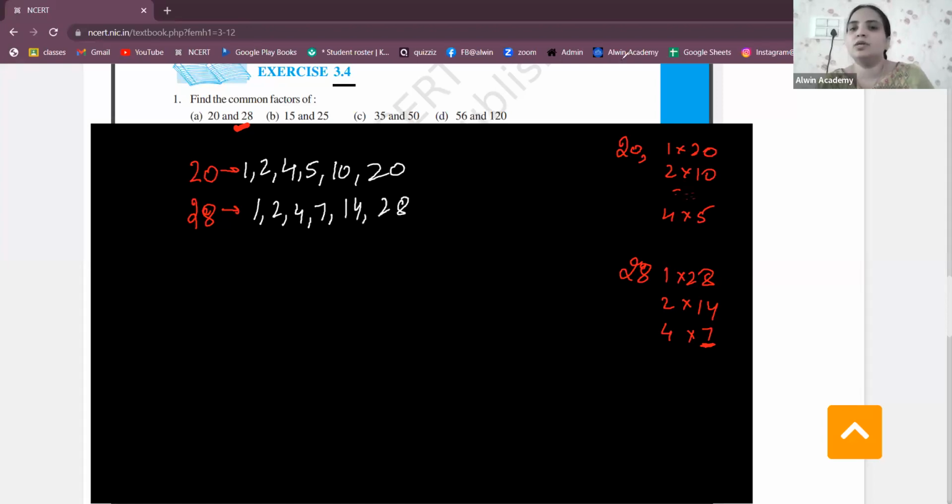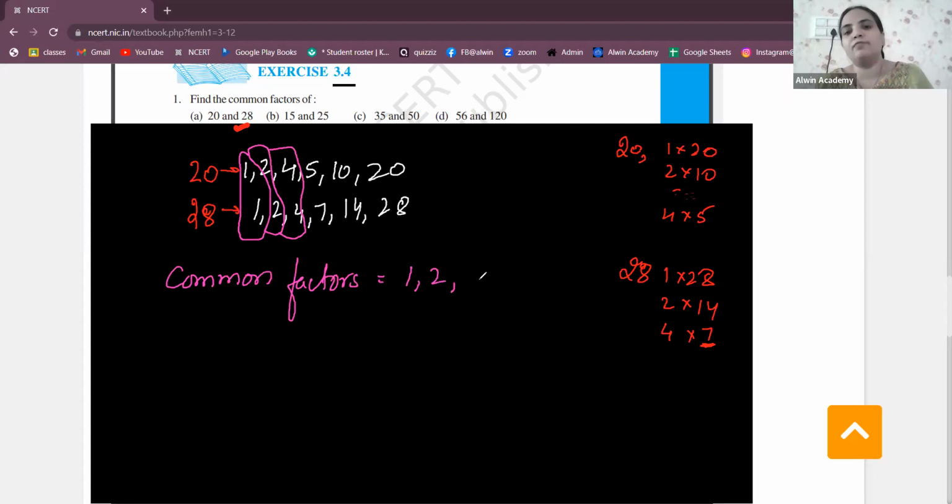Right, beta ji, or not? Now what are the common factors? Common factor is 1. Common factor is 2. Common factor is 4. And what else? Nothing. Right, beta? So common factors of 20 and 28 are 1, 2 and 4.